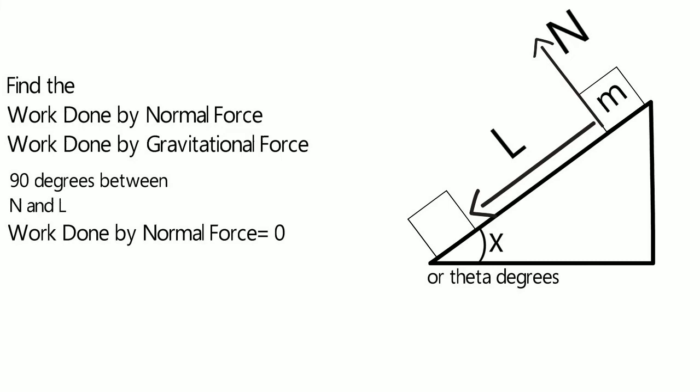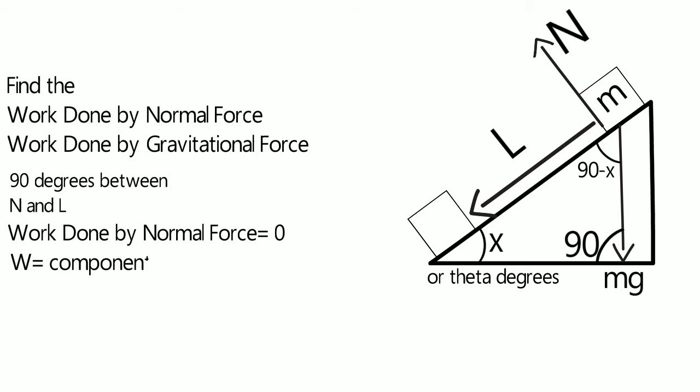The gravitational force is acting downwards with a magnitude of mg. This angle is x degrees, this angle is 90 degrees. So the angle between the force and the displacement is 90 minus x. So, as per the previous discussion, the work done is equal to the component of force in the direction of displacement multiplied by displacement.